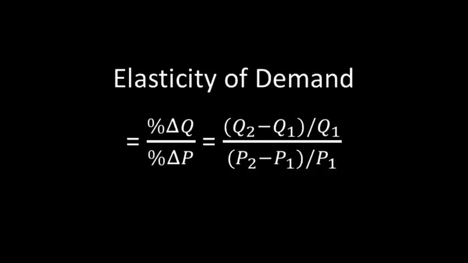So if the percent change in price is positive, then as a result, the percent change in quantity is going to be negative. And so the whole ratio is going to be negative. And the same thing works if the percent change in the price is negative. That means the percent change in the quantity demanded is going to be positive. And so elasticity of demand is always going to be negative. But what we're interested in when we're thinking about how sensitive people are is not necessarily the sign, because the sign should be negative. It's just how big the number is. So we're looking at a magnitude.